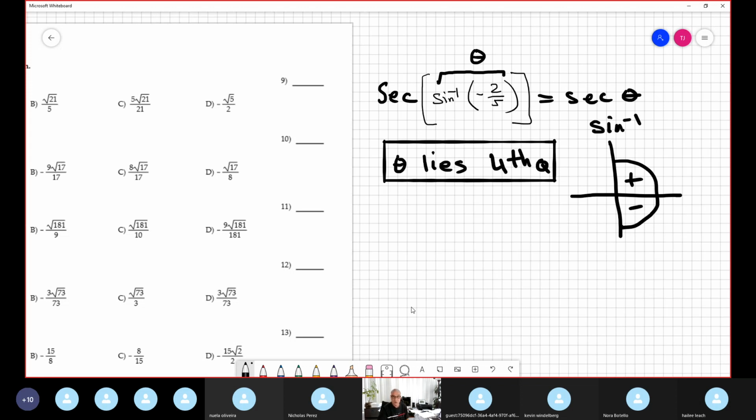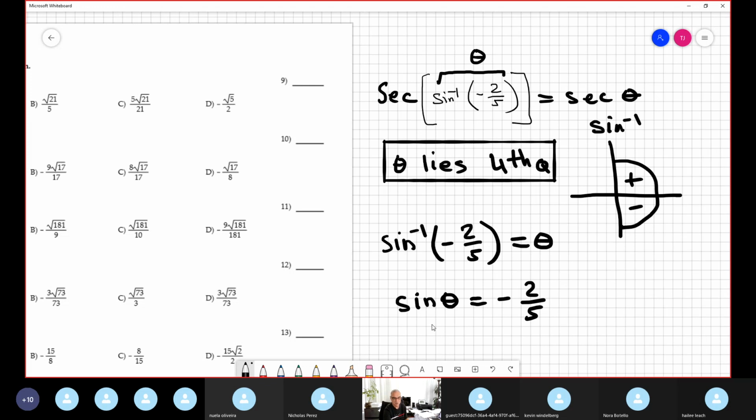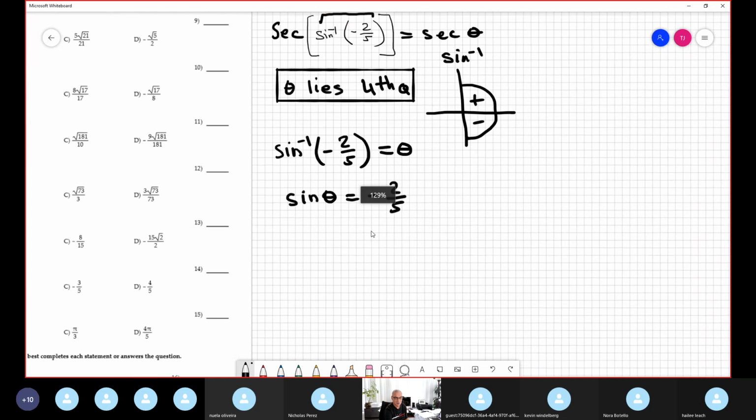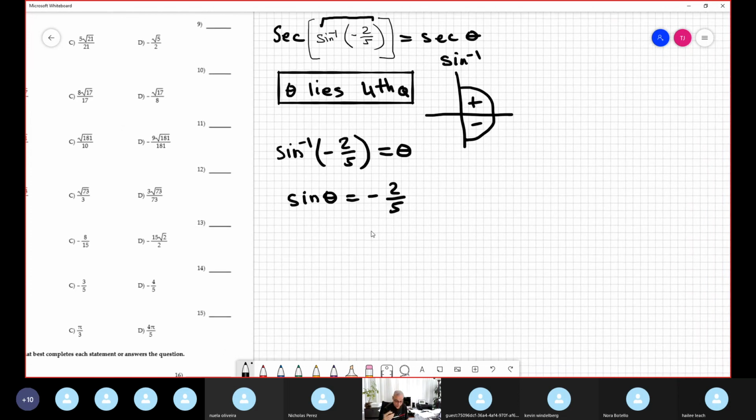Okay, now for sure, I know the sine inverse of -2/5 is equal to theta. But I don't like this way. I like this way: sine theta is equal to -2/5. You know that these expressions are equivalent, no? Translate from inverse to direct.